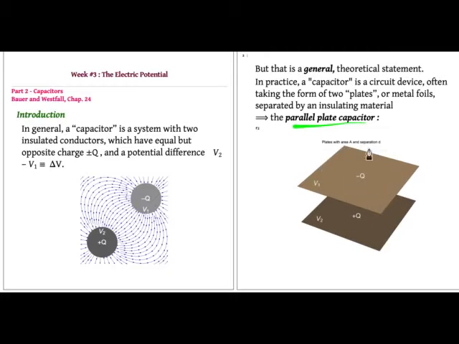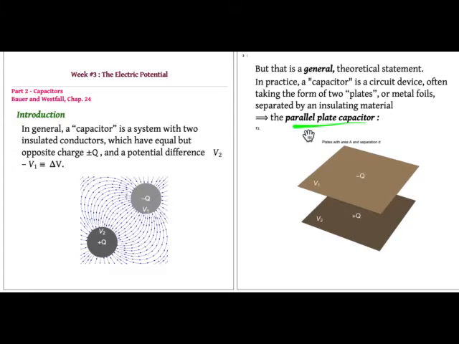It's not really all that unusual, but for a large capacitance, more likely you'd have metal foils and not maintained as planes, but rolled up in a kind of a spiral.